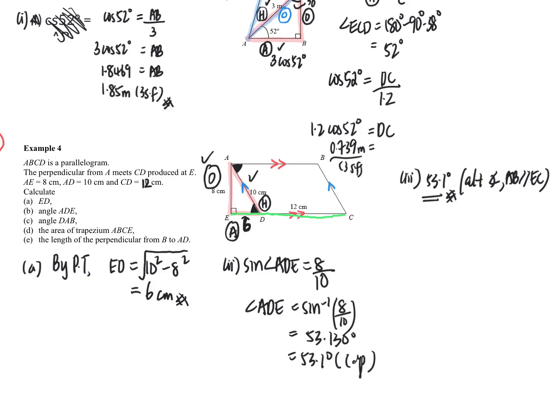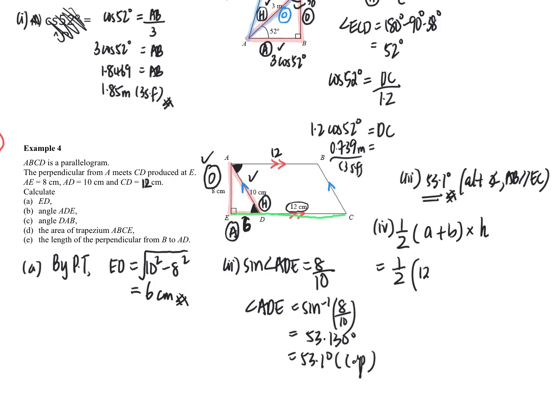Okay, then area of trapezium, the whole thing. Can you all still remember area of trapezium formula? Half times sum of parallel lines times the height. So, first thing first, this length is the same as this. They are both 12. Opposite sides of parallelogram, same length.